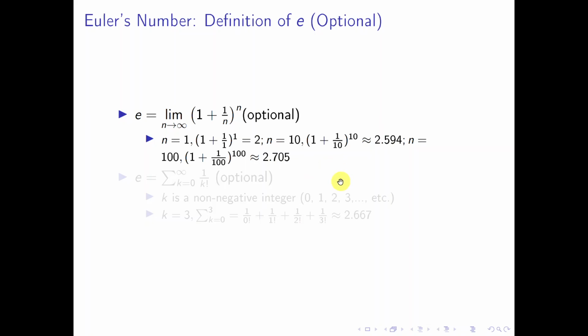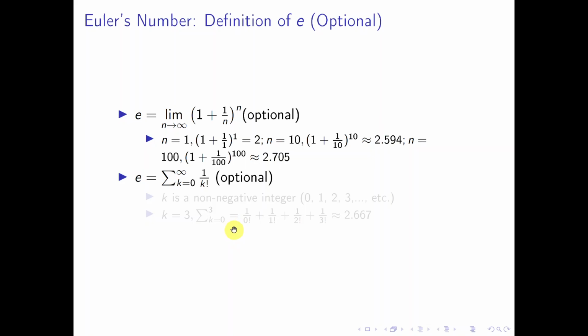Mathematical constant. Another way to compute or derive e is to use an infinite series. Here we have a summation over the non-negative integer k from 0 to positive infinity. And the function for the summation is 1 over the factorial of k.